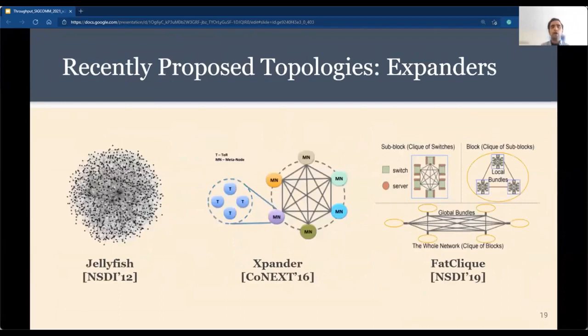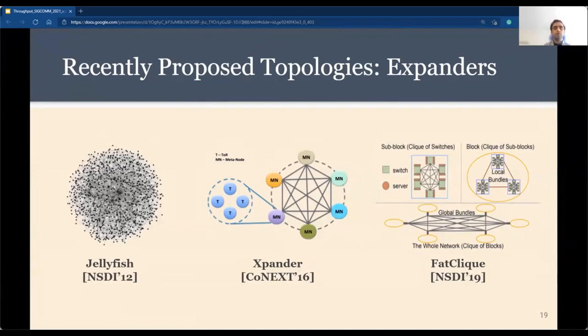To address this, prior work has proposed many data center topologies. The most promising ones are expander-based. More specifically, Jellyfish, Xpander, and FatClique have been shown to scale well using available switches.